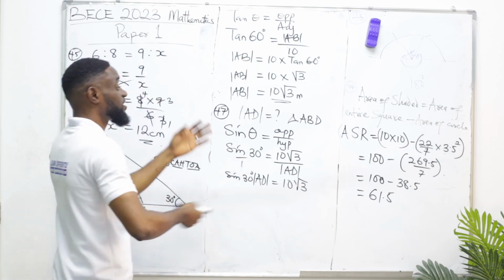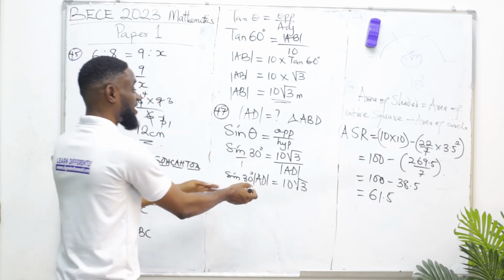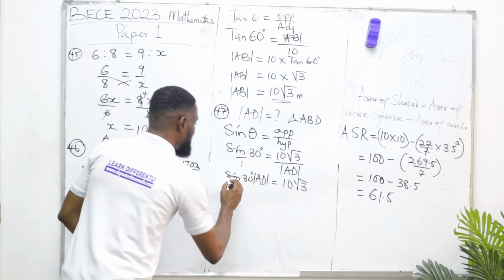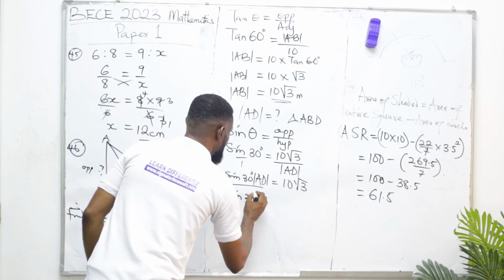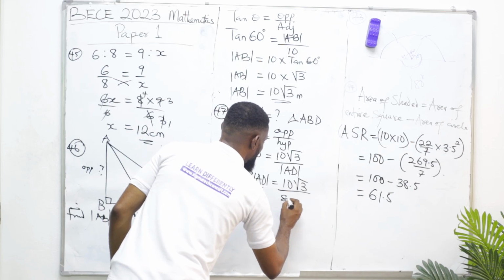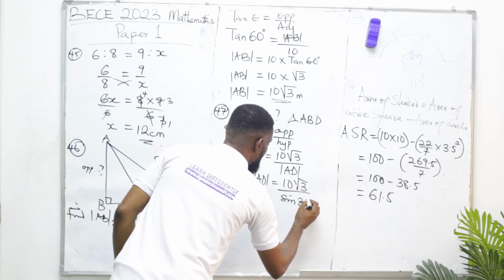You see that? So if we divide both sides by sine 30 degrees so that AD can be on its own.